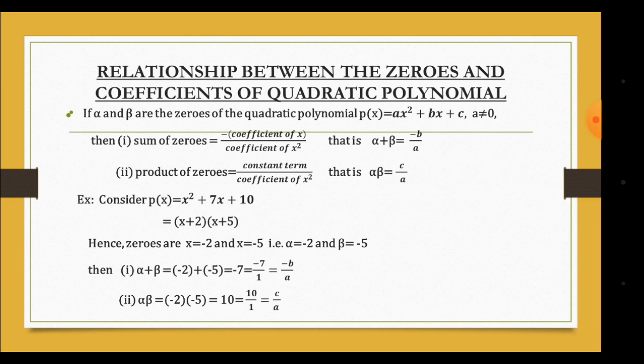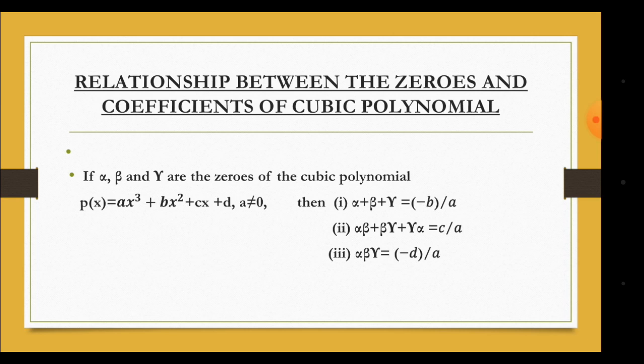Now see the relationship between the zeros and coefficients of a cubic polynomial. You know, a cubic polynomial has at most 3 zeros.